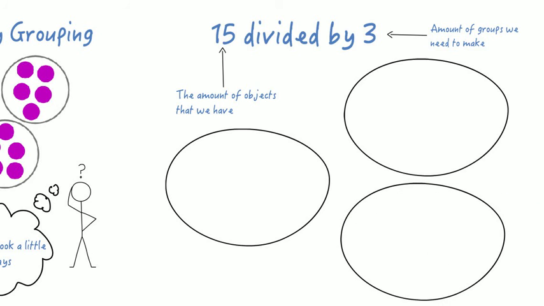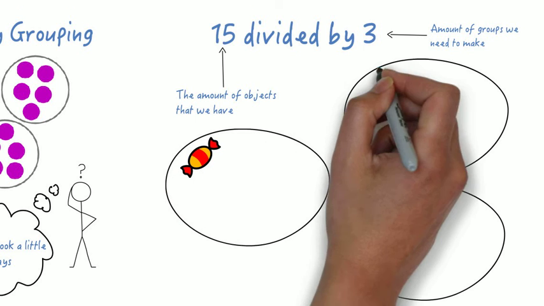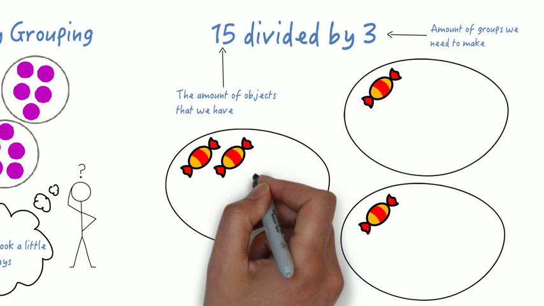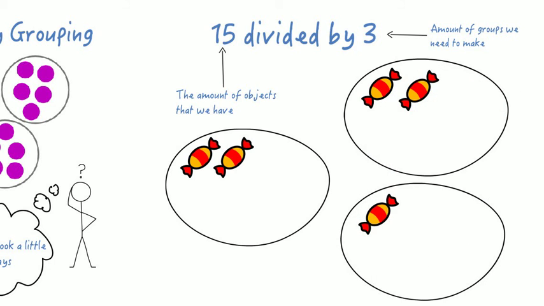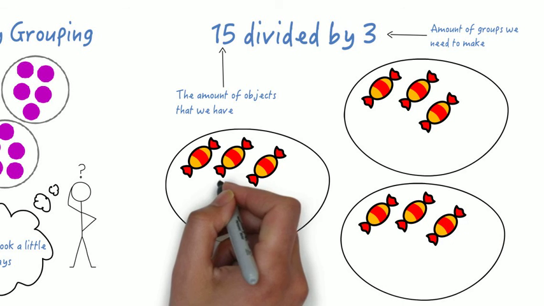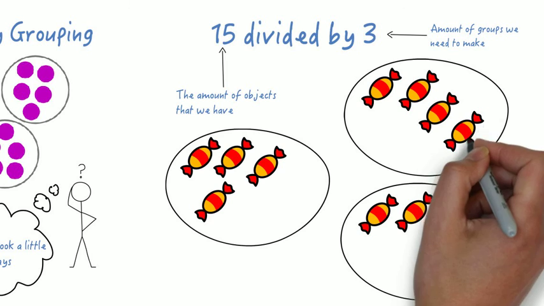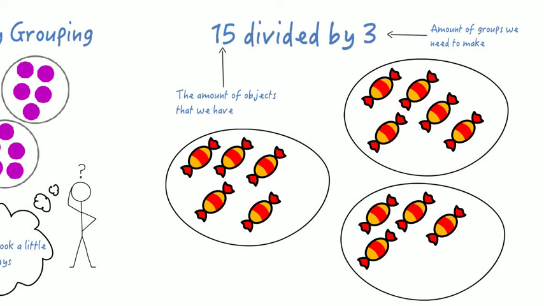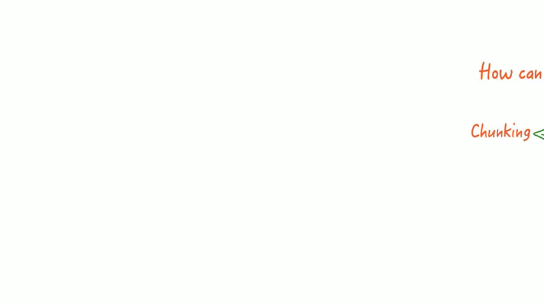I just then need to share my objects between my groups, putting 1 in each group until I've run out. To find out the answer, you just count the total amount in each group, which is 5. So 15 divided by 3 is 5.